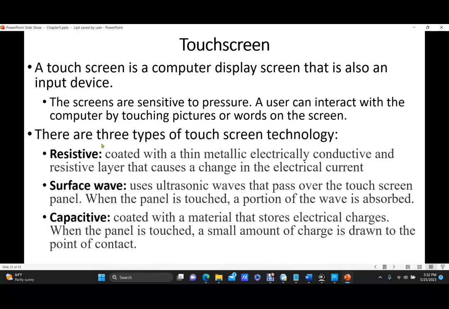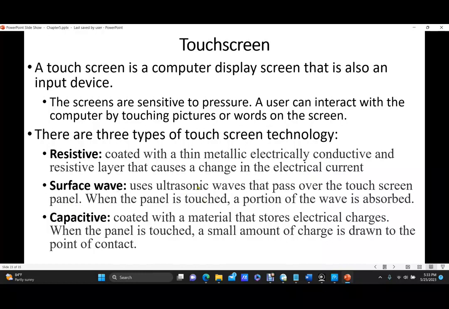There are three kinds of touchscreen technology: resistive, surface wave, and capacitive. Resistive touchscreen: the screen is coated with a thin metallic conductive resistive layer that causes a change in electrical current when the user presses on it.